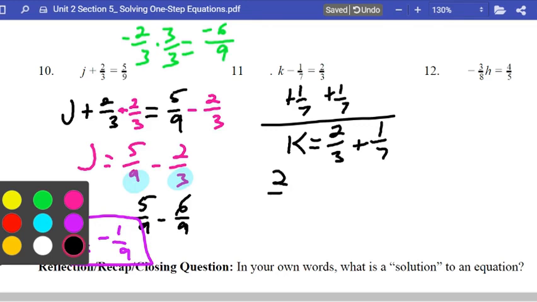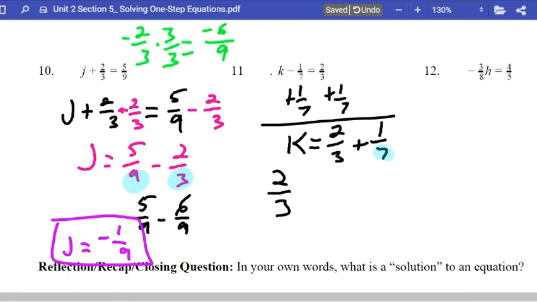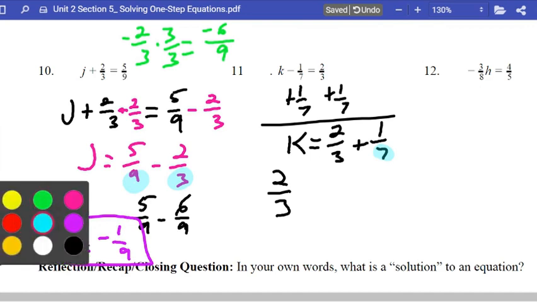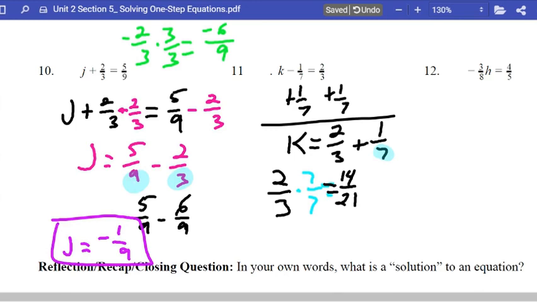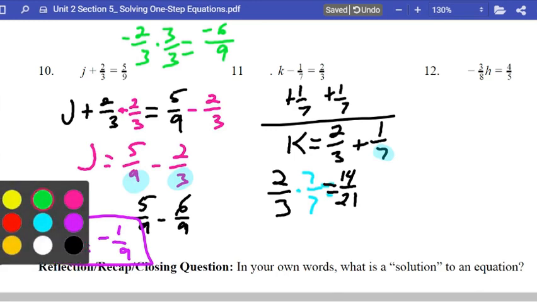I got 2 over 3, and because the other denominator is 7, I'm going to multiply by 7 over 7, which makes that 14 over 21. Now the 1/7, I'm going to multiply by the other denominator, which is 3.